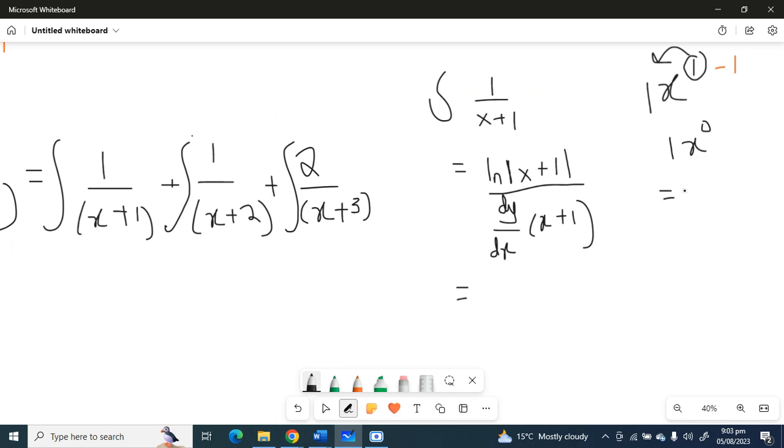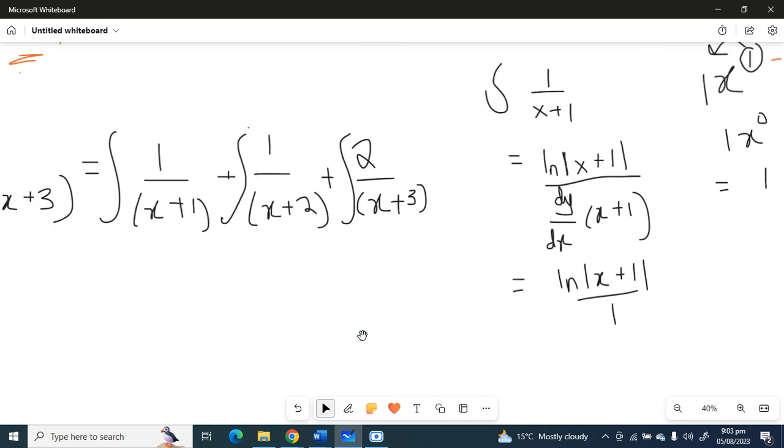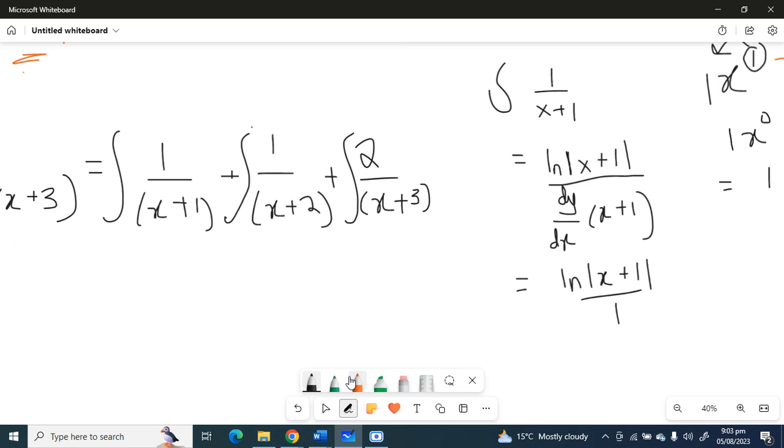So when we differentiate x plus 1, you just remain with 1. So the answer is the natural log of the absolute value of x plus 1, divided by 1.